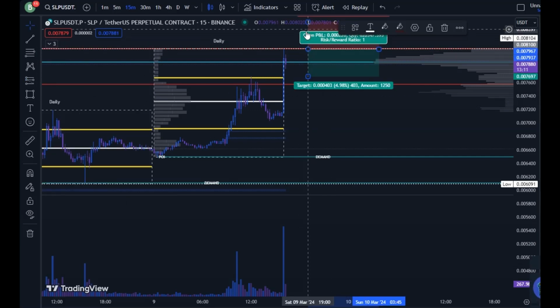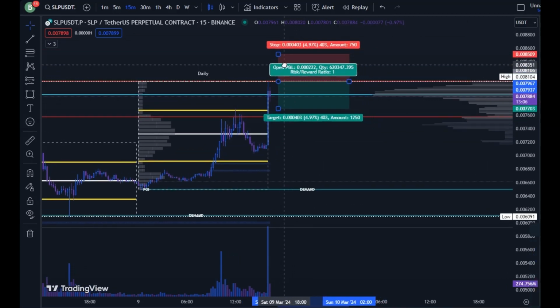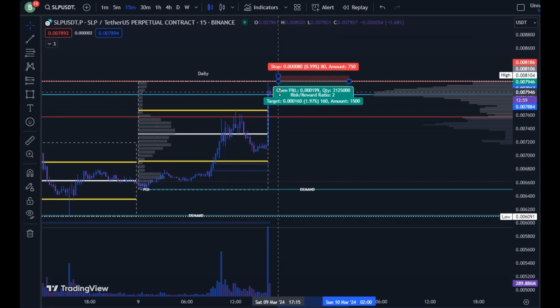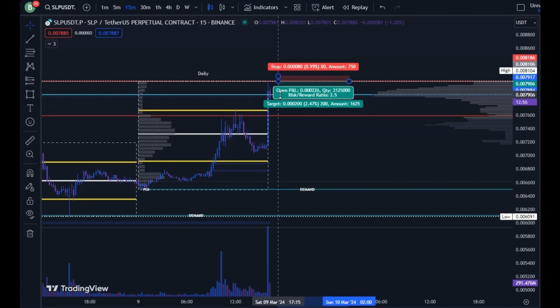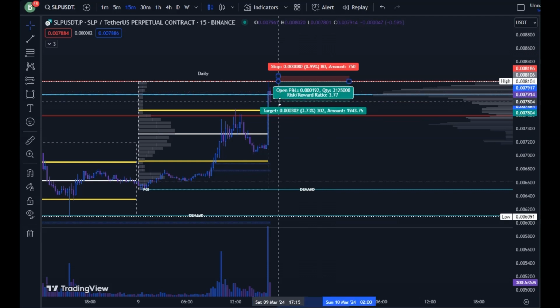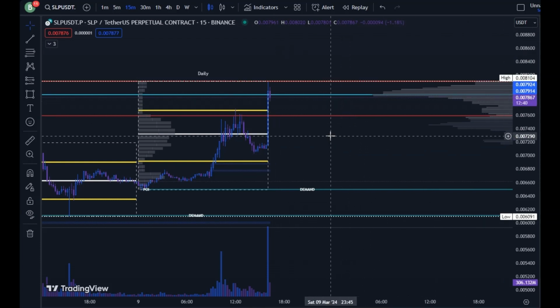So you got a short there. But you stop just above it. Personally, not my thing. But if anybody did take that trade, they are in profit now and you're in and out. Quick scalp, bam, bam.